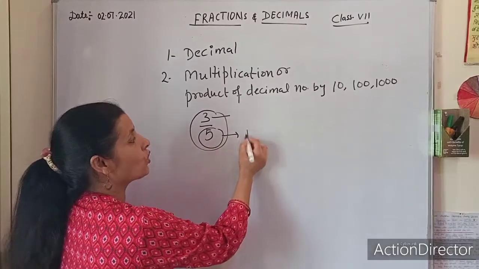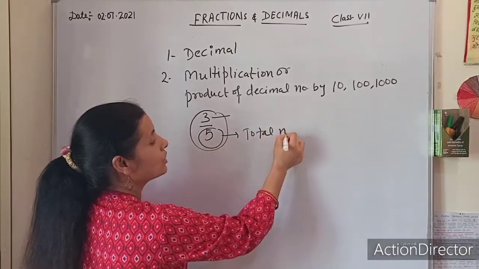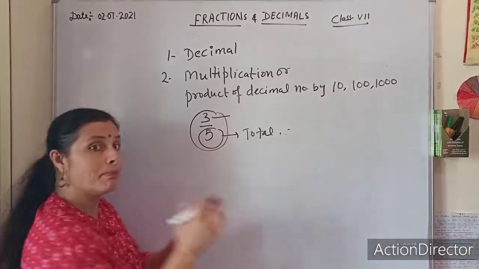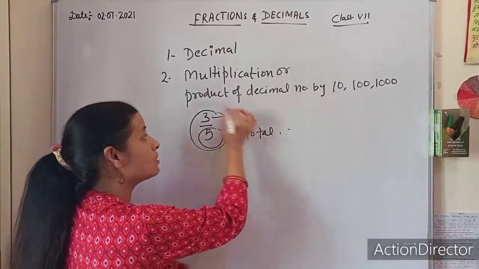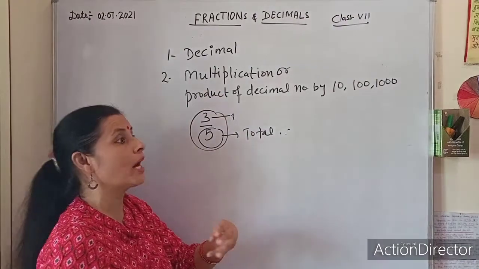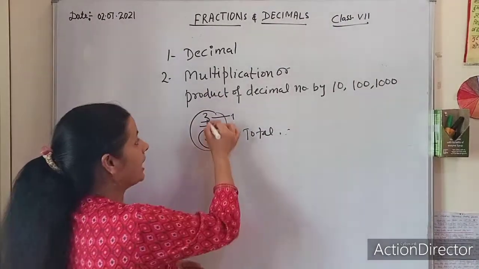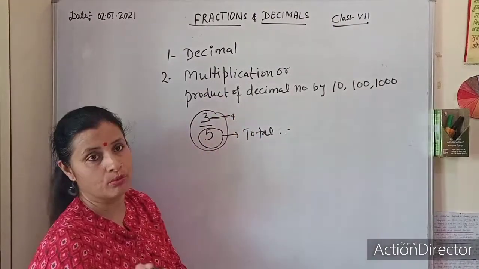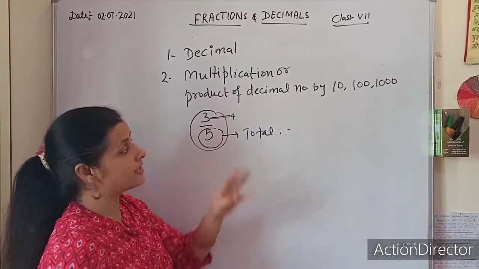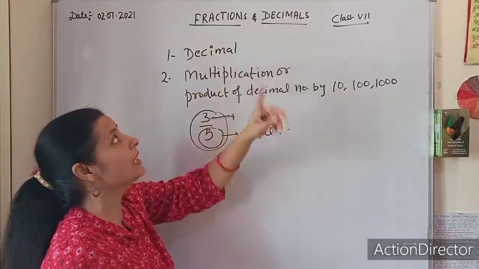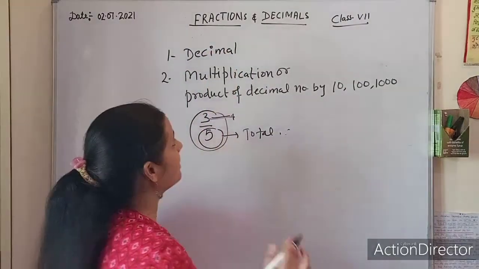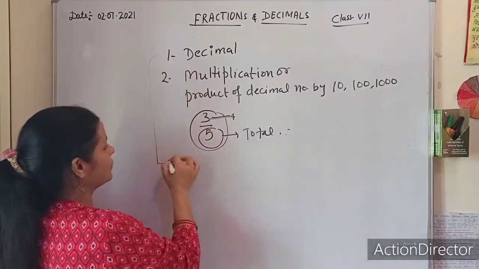The denominator shows the total parts of that particular object, and the numerator shows how many parts we are getting or distributing. So a fraction is a part of a whole, which we learned in our previous topic. Understood, beta?